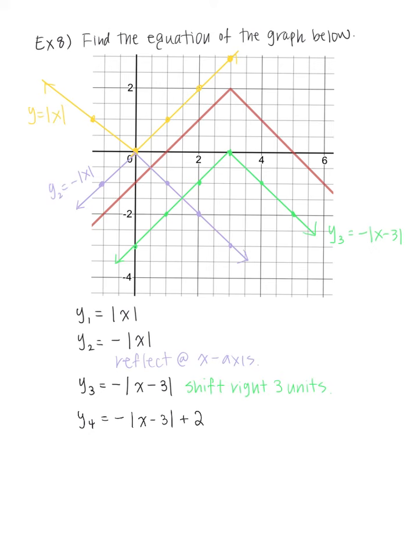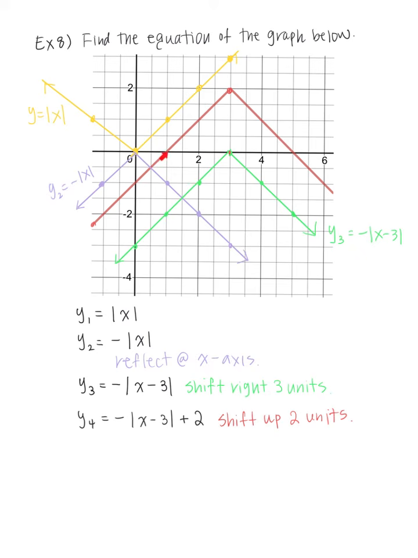All right, so let me just write this as shift upward 2 units. If I did that, then do you see that we're going to have the graph that we want, because this point is going to go 1, 2, and this point is going to go 1, 2, so it touches this.